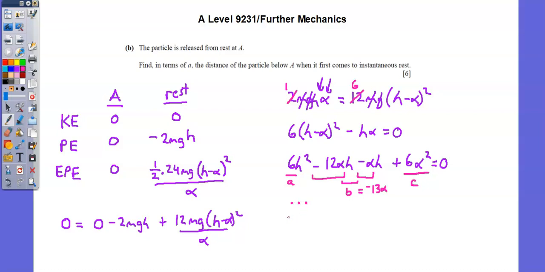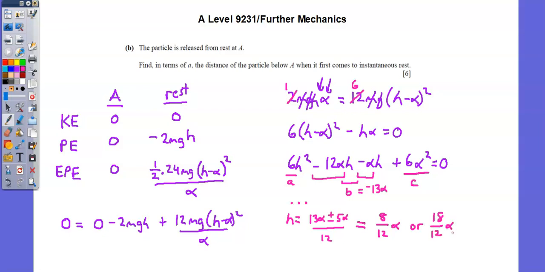What I get to is h equals 13 alpha plus or minus 5 alpha over 12. If I split into 2 discrete values, I end up with the options of 8 over 12 alpha or 18 over 12 alpha.